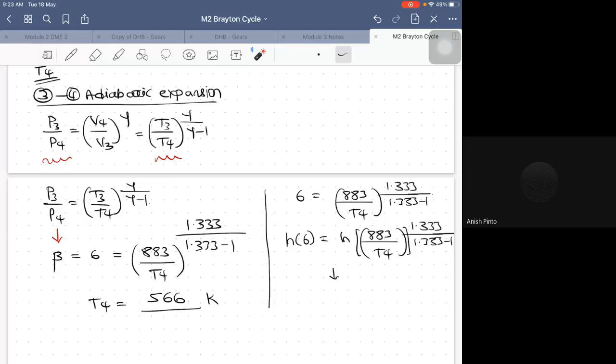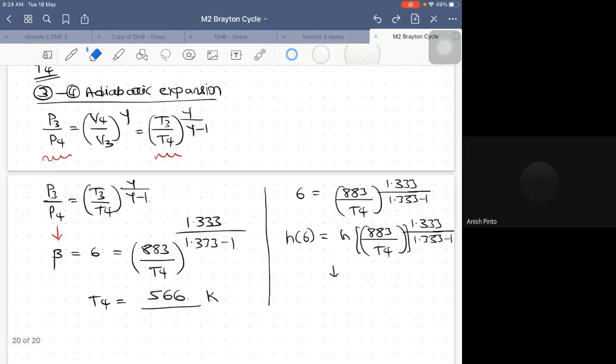How much is the value, correct? 564.37. Very good.